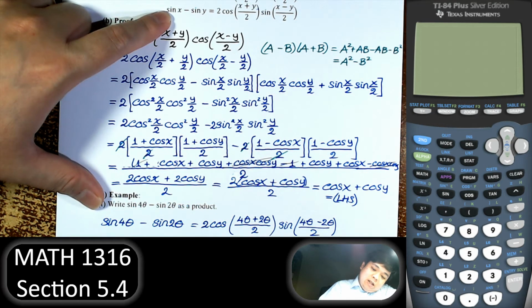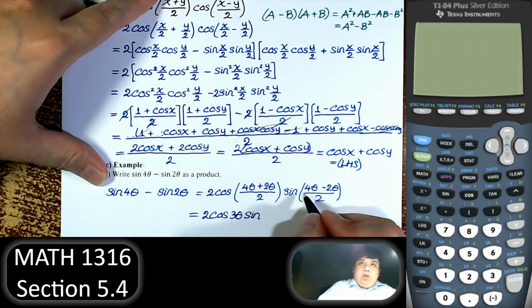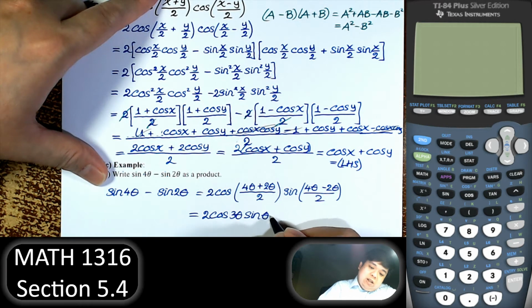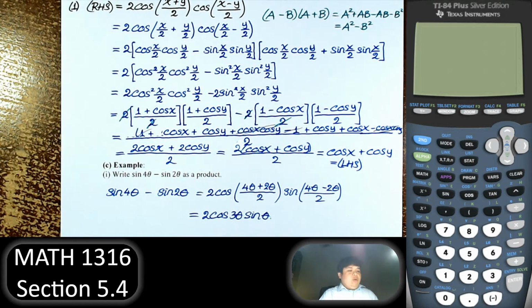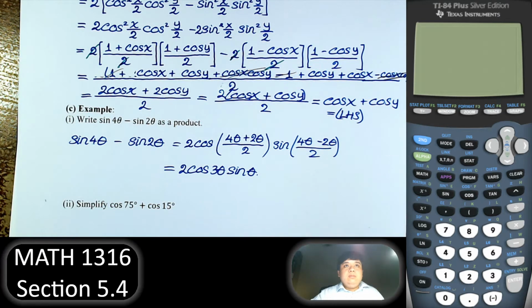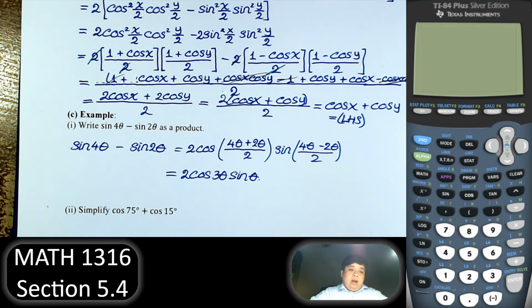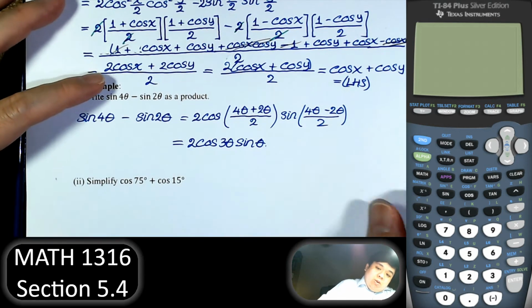And then sine 4 minus 2 is 2. So 2 theta over 2 is just theta. That's very straightforward from the identity. Right, so that is sine minus a sine. Now, we have cosine plus cosine.